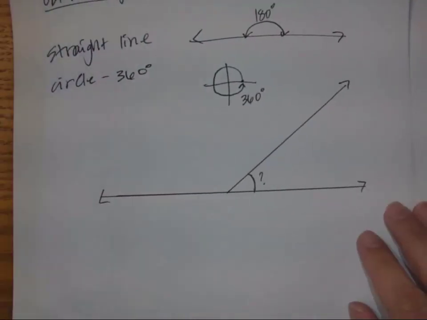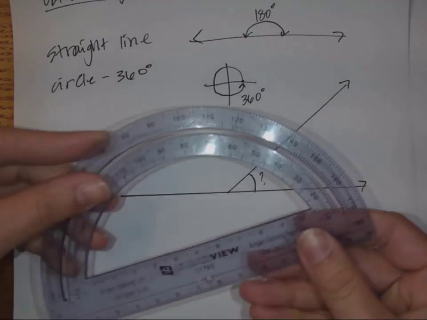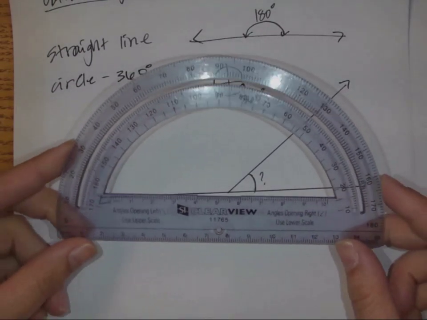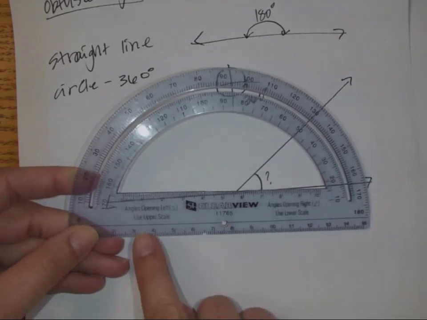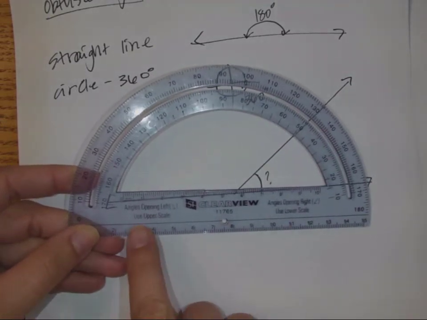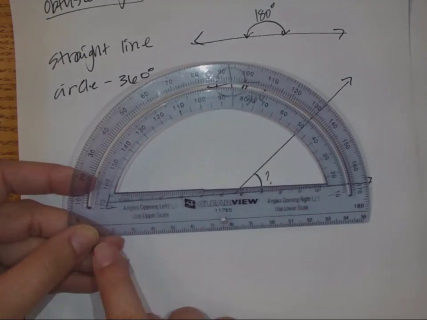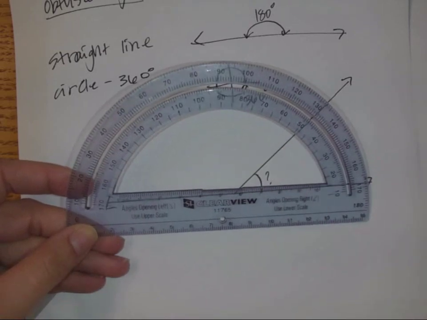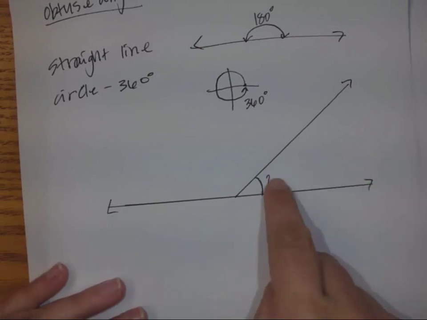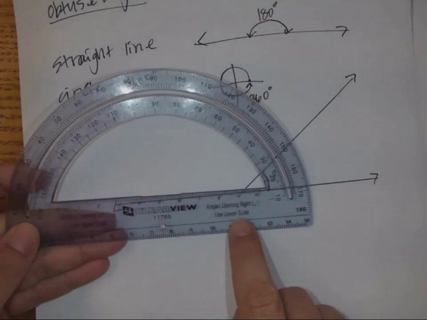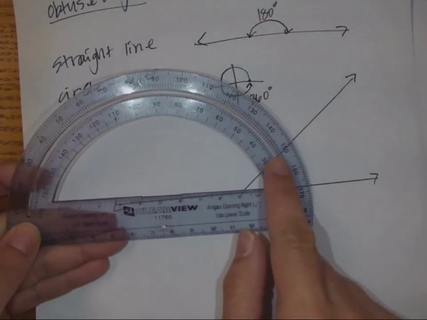The first one is your normal protractor. Notice there's a set of numbers on the bottom and a set on top, based on which way your angle is opening, to the left or to the right. This angle opens to the right, so I'm going to use the lower scale.